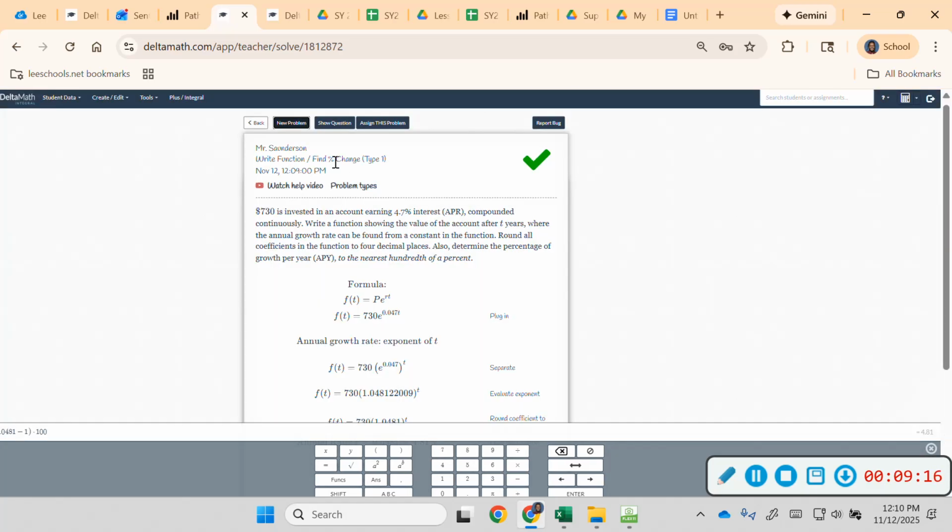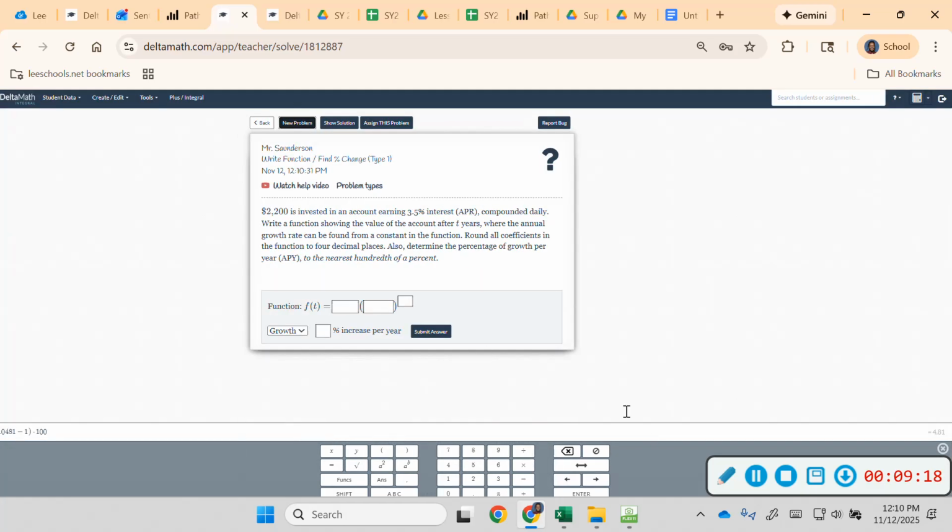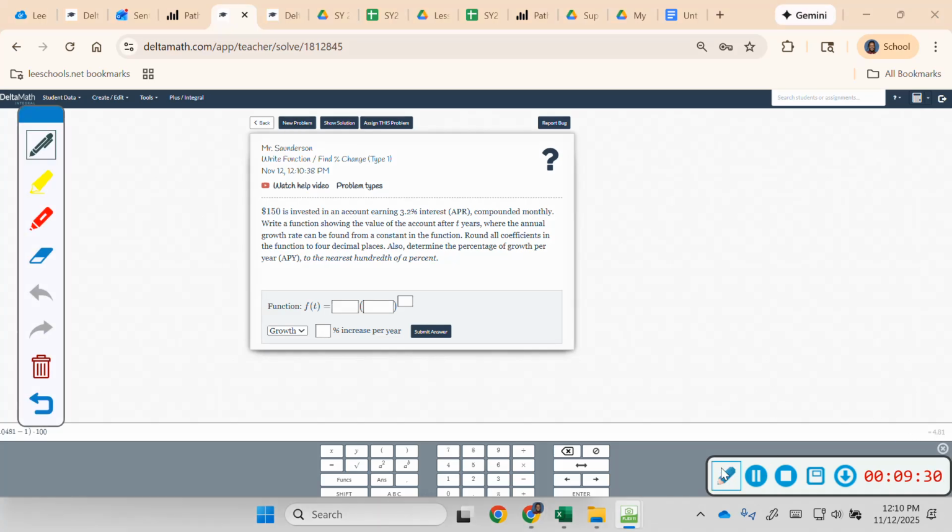Okay, so let's do one more. We did daily. Let's do monthly again. So if we're compounding monthly, we do the same thing, but this time we're using the monthly formula, which is P parentheses 1 plus r over n to the exponent nt.